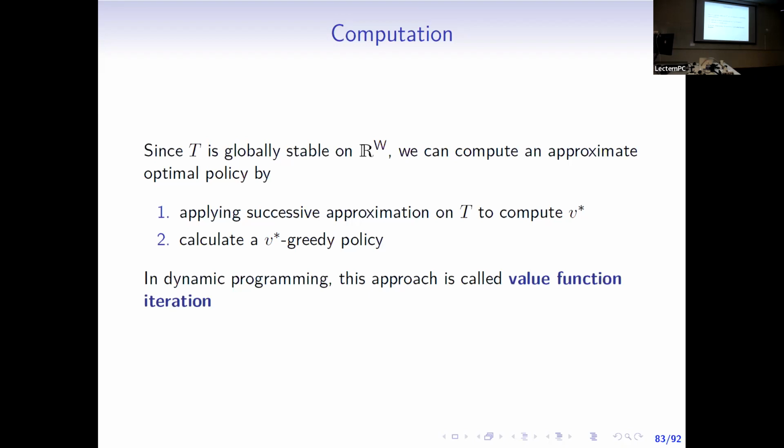If I choose something way over here, it's going to take a long time. If I'm a little bit smart and I think, well, what does the value function look like here? Maybe it's going to look something like this, and then take a smart guess, maybe it computes faster. But with value function iteration, one of the reasons that it's popular is we have this complete robustness, at least in this context.